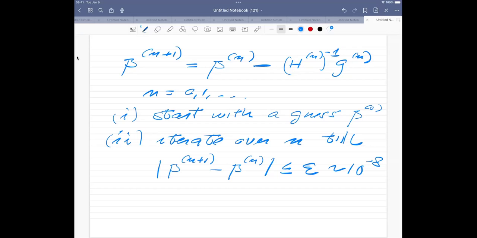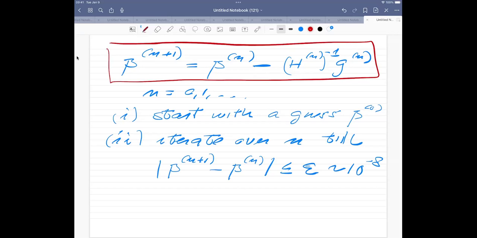What you have here, this equation, is nothing but Newton's method. And this is the basic method which we typically implement in machine learning optimizations.